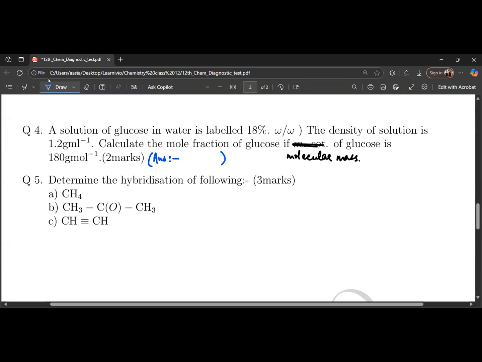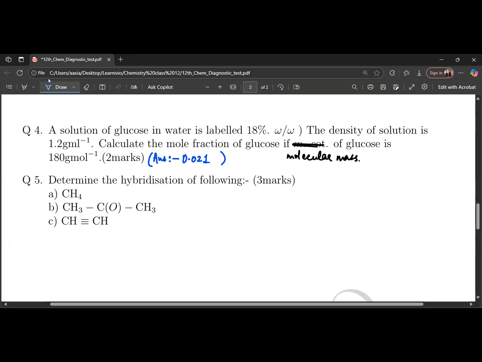Yes, done, Ayesha. Fourth one. 0.021. Yes, it's correct. Good. Okay, to the last question. You have to tell me the hybridization state of each and every carbon.